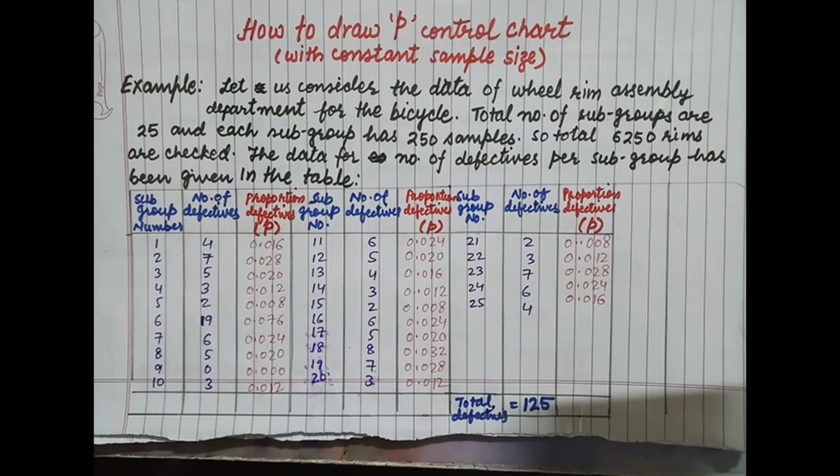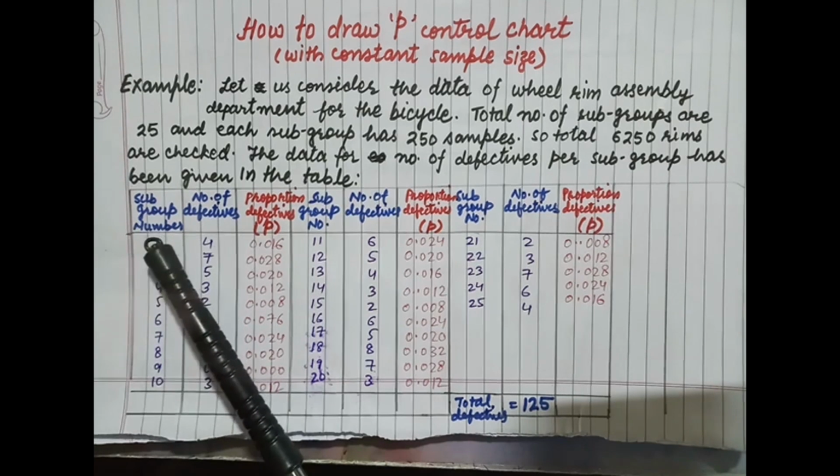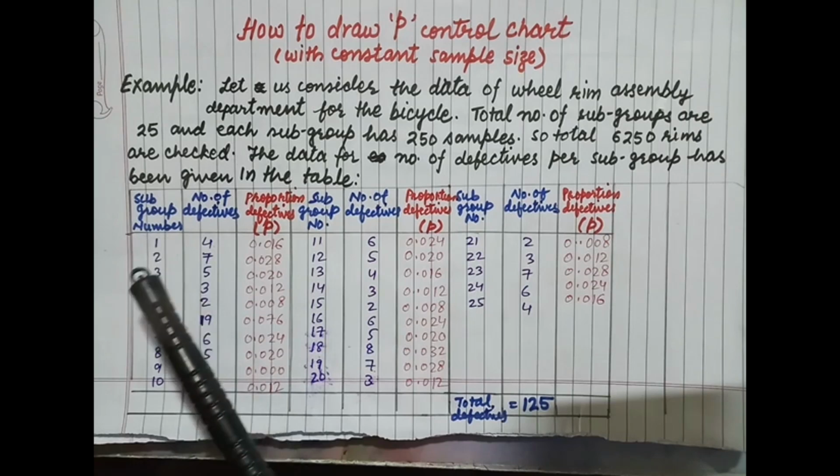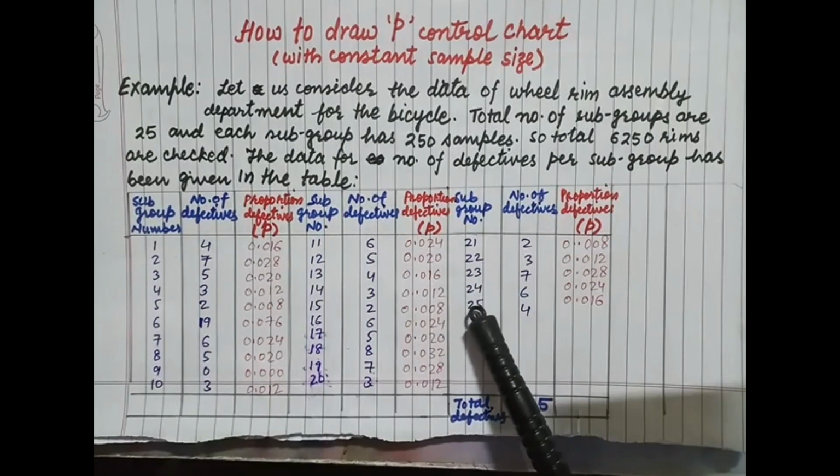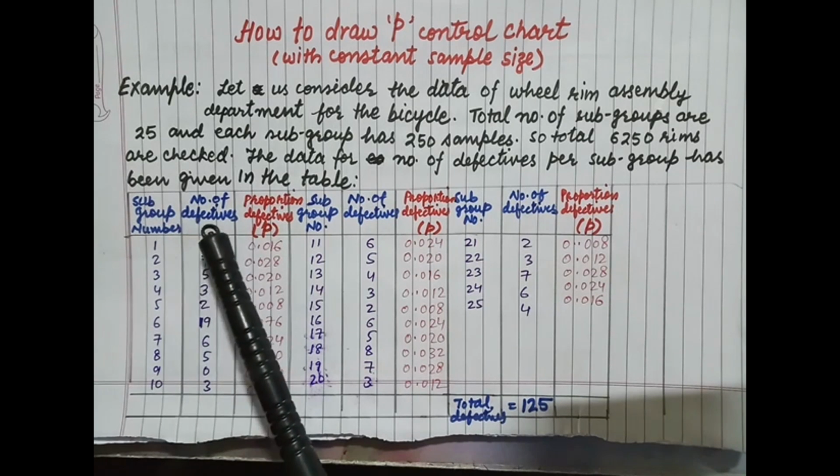Now you can observe in the subsequent table the data given in the numerical. The first is the subgroup number. We have 25 subgroups, 1 to 10, 11 to 20 and 21 to 25. Another data given is the number of defectives.